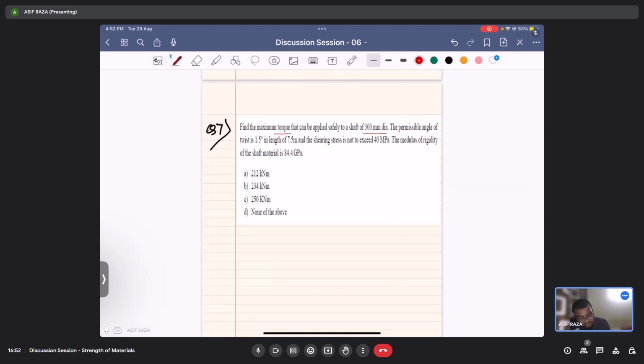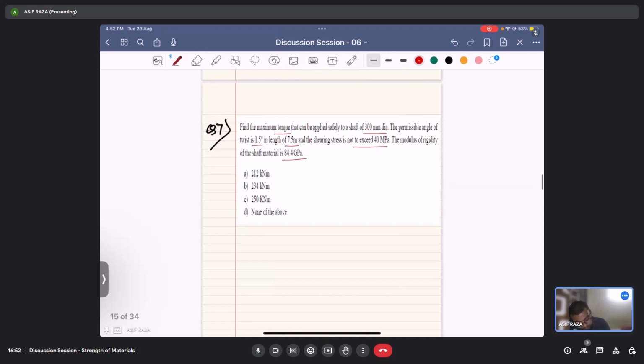The permissible angle of twist is 1.5 degree in a length of 7.5 meter, and the shearing stress is not to exceed 40 megapascal. The modulus of rigidity of the shaft material is 84.4 gigapascal. So you need to find what would be my T max.